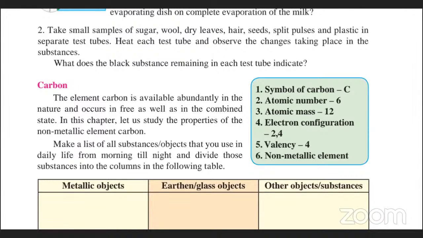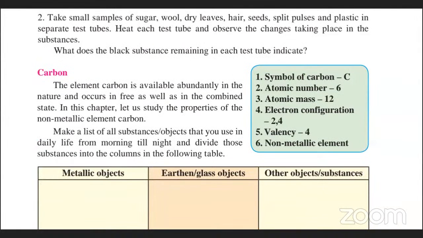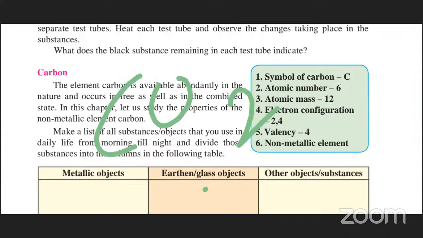And not only in the elemental form. Carbon is not available only by itself, it also reacts with other elements to form compounds. For example, carbon dioxide gas, in which carbon is combined with oxygen to form a gas.